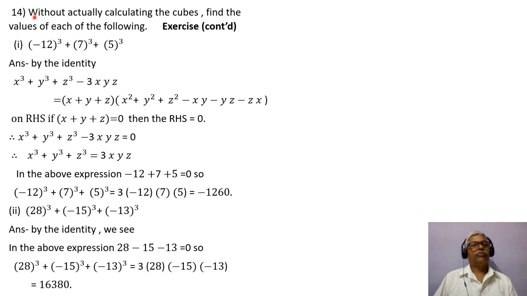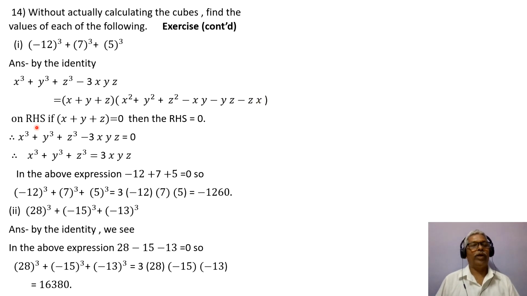Exercise continued. Next one, without actually calculating the cubes, find the values of each of the following. First one, (−12)³ + 7³ + 5³. Okay, we have to find the value of this. Answer, by the identity, we have to take advantage of the identity: x³ + y³ + z³ − 3xyz, which equals (x + y + z) in one bracket, and another bracket x² + y² + z² − xy − yz − zx, bracket complete.